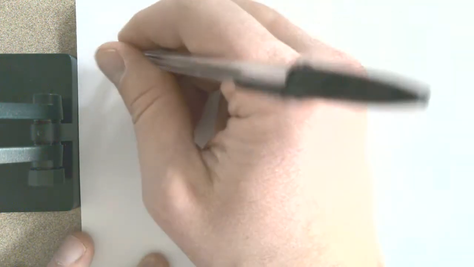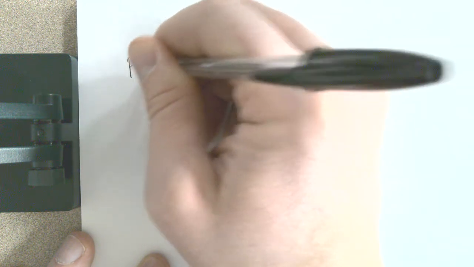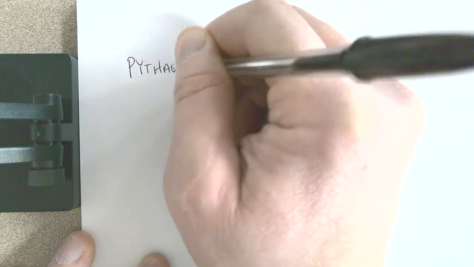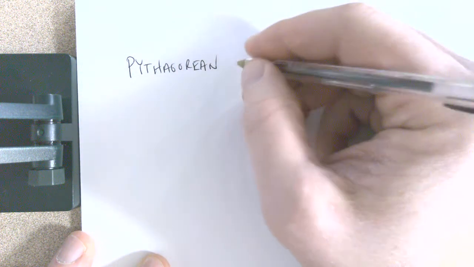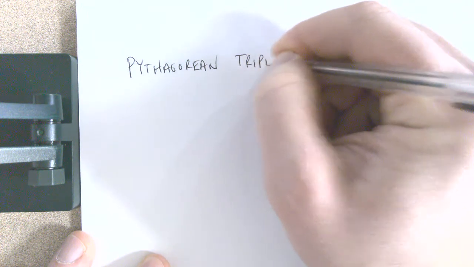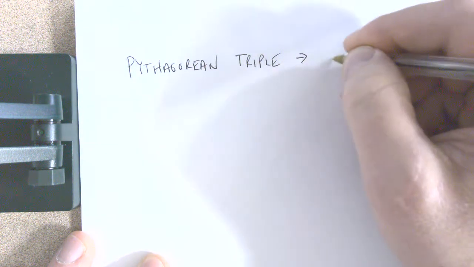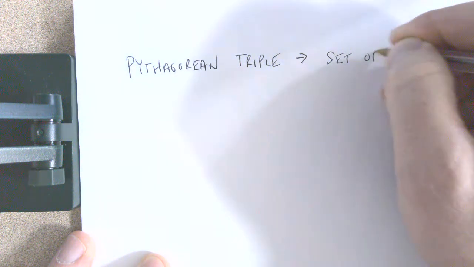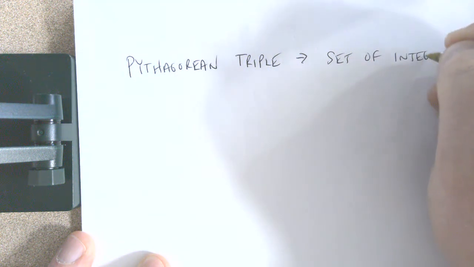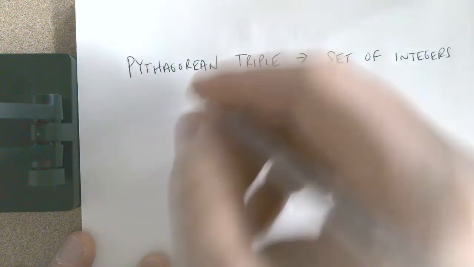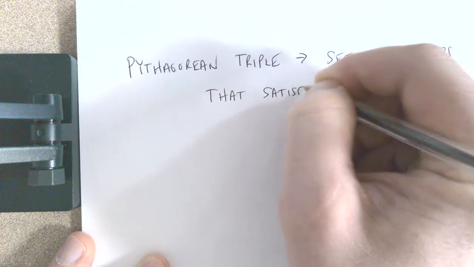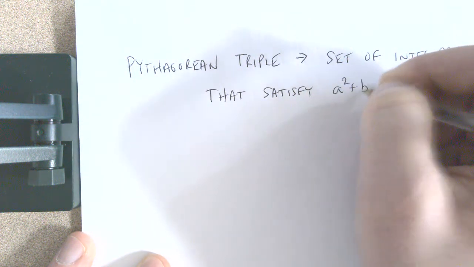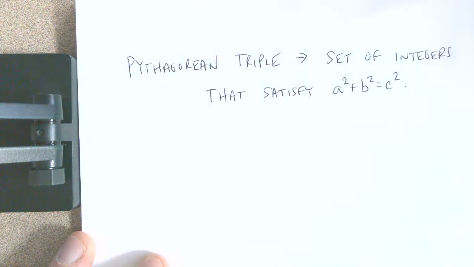Now, a Pythagorean triple is simply a set of integers that satisfy a squared plus b squared equals c squared.